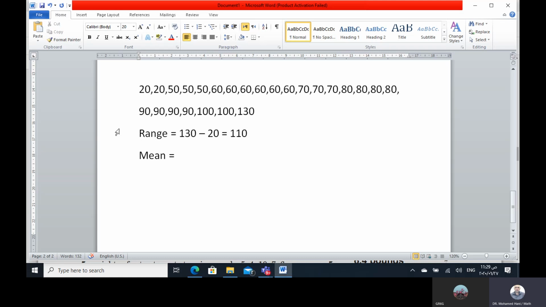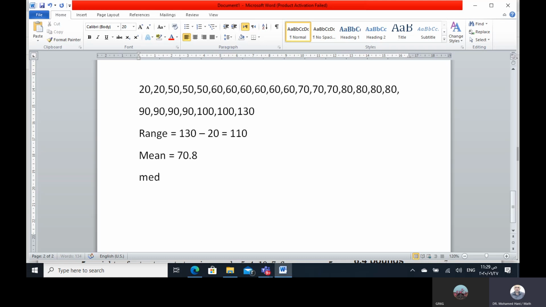And how many numbers do we have here? We have 25 numbers. So divide by 25, and it will be 70.8. Now this is the mean.